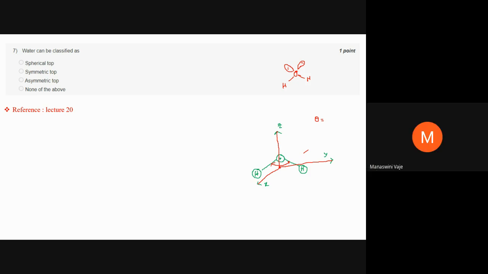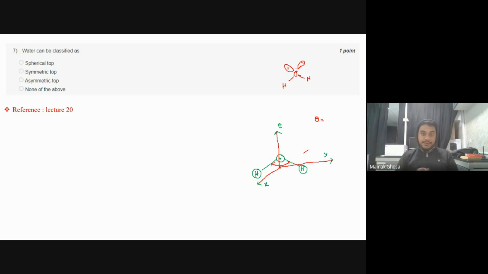Yes. But what I have mentioned for VSEPR theory is that the lone pairs repel each other, because a lone pair is just electron density. We have some electron density here, some here, so they will repel. Lone pair-lone pair repulsion is greater than lone pair-bond pair repulsion, which is also greater than bond pair-bond pair repulsion.